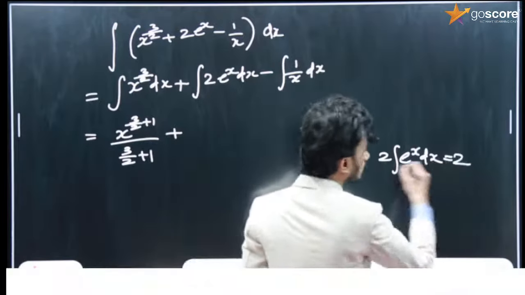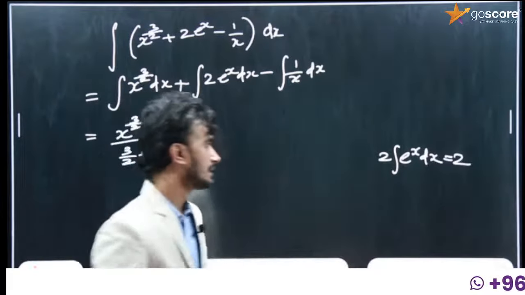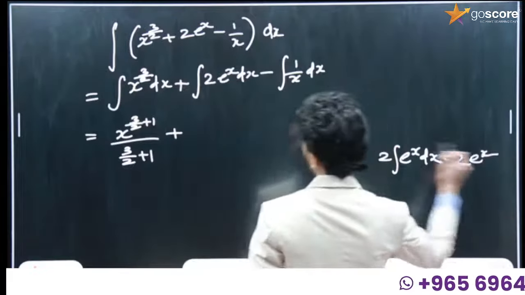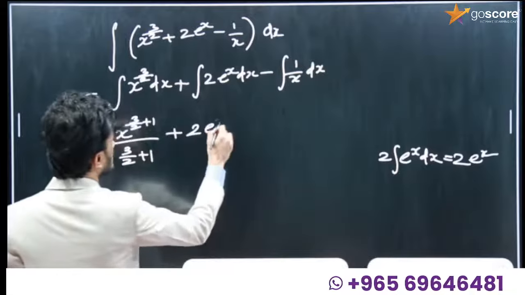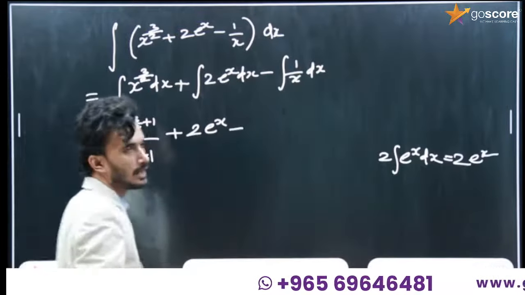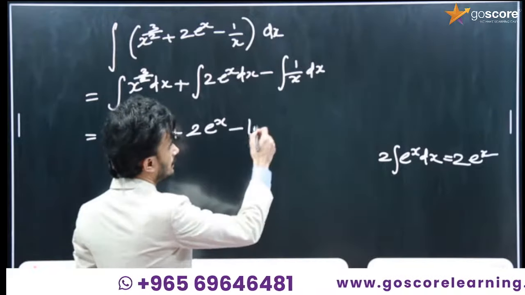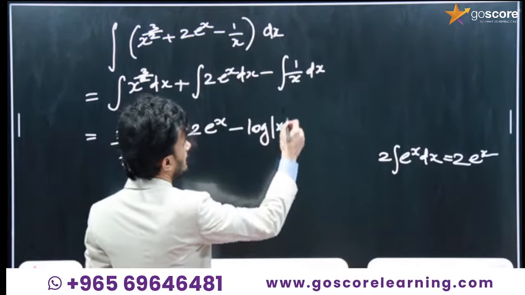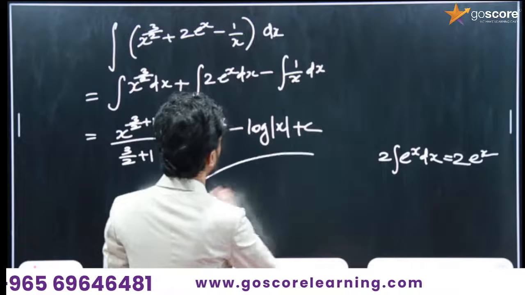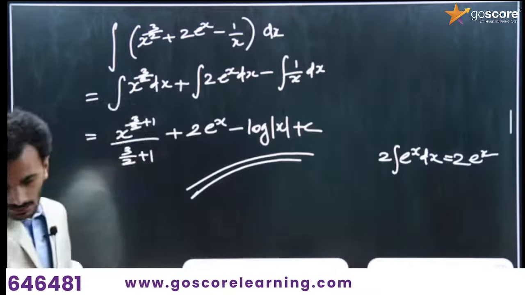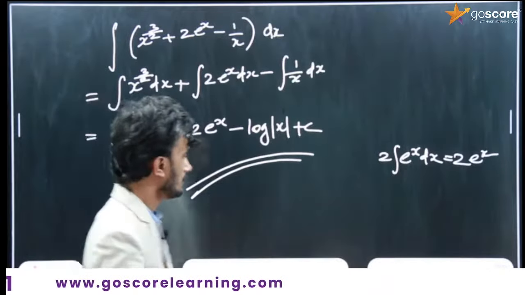The integral of e raised to x is again e raised to x, so this is 2 into e raised to x. Minus, what is the integral of 1 by x? It is log mod x plus c. So this is the third one.